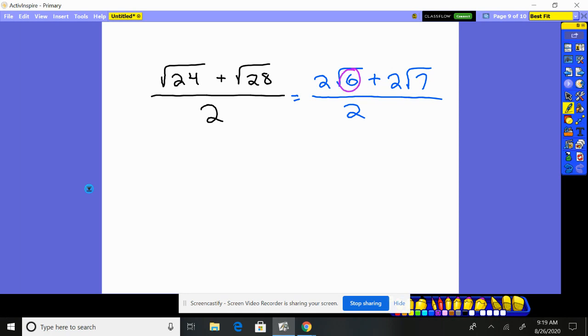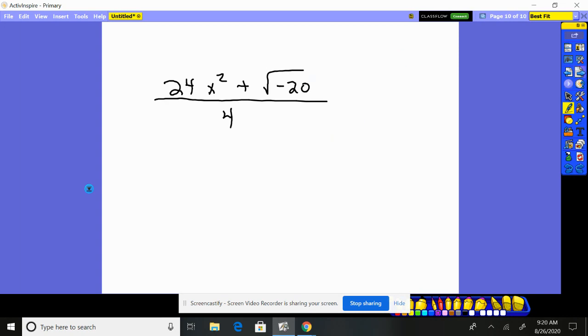Now again, that 6 and that 2, never mess with somebody that's underneath the square root and somebody that isn't. You just do not do that. We're only looking at the 2, the 2, and the 2. Each of these can be divided by 2, which becomes 1, 1, and 1, which gives us square root of 6 plus square root of 7, all divided by 1, which, if you divide anything by 1, it's itself, so you just don't mess with it. So there's our answer.